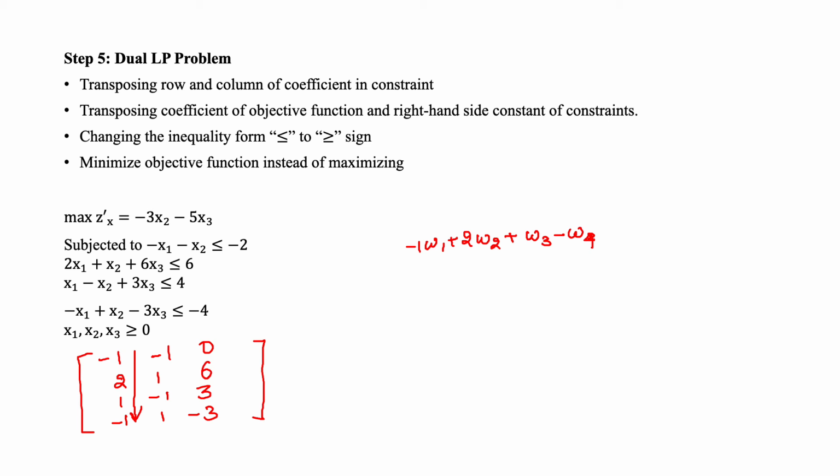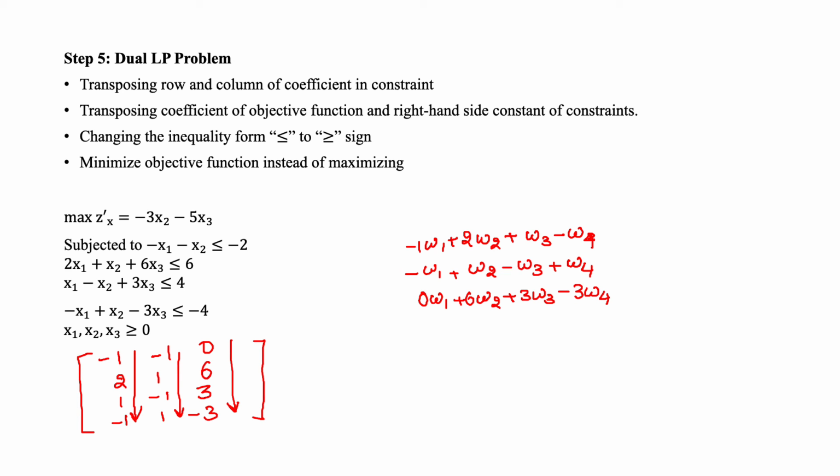Similarly, the second column gives minus w1 plus w2 minus w3 plus w4, and the last column gives me the last constraint equation, that is 0 w1 plus 6 w2 plus 3 w3 minus 3 w4.